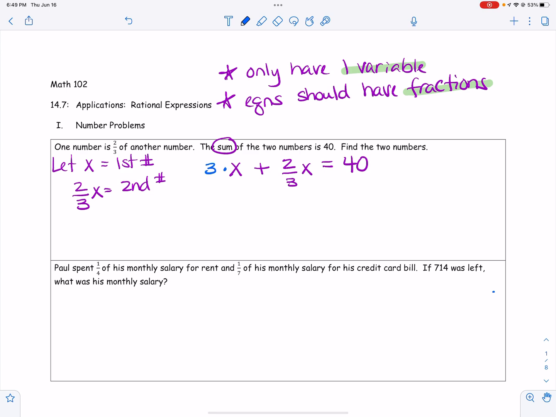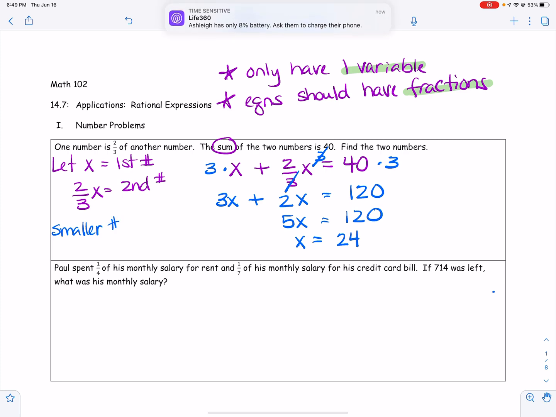I'm going to multiply everything by 3, and that gives me 3x plus this 3 cancels this 3, and that leaves me 2x, and 40 times 3 is 120. Collect your like terms so that you get 5x is 120, divide through by 5, and you're going to get x is 24.